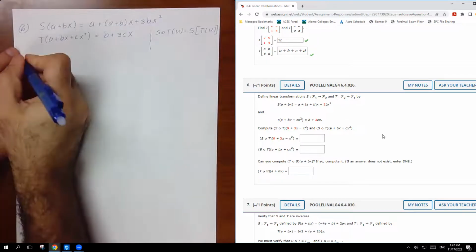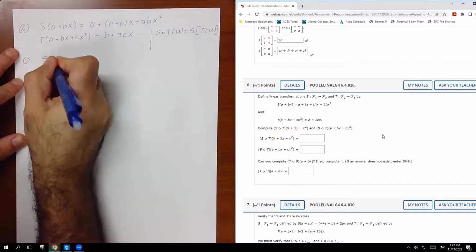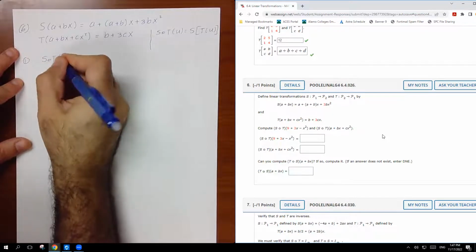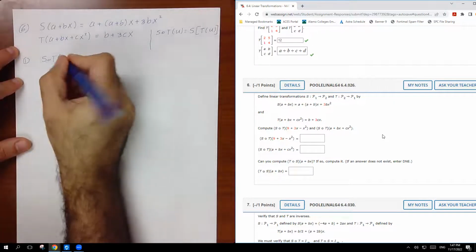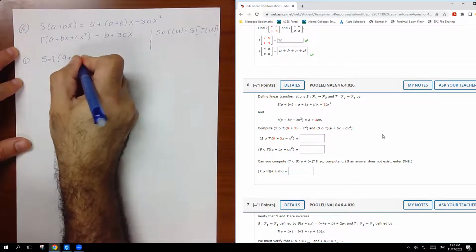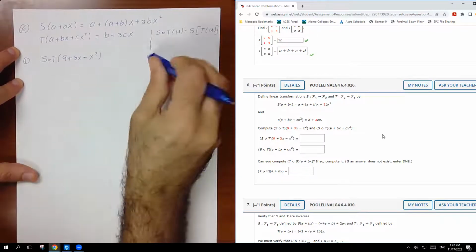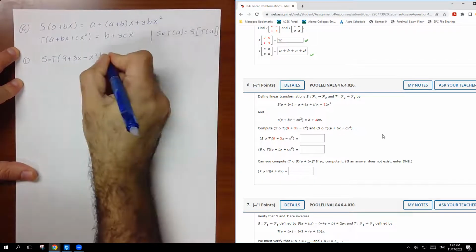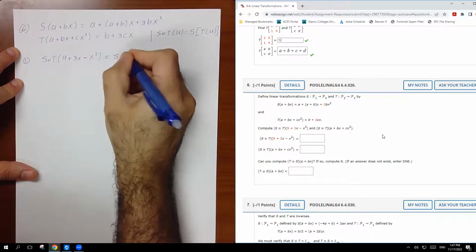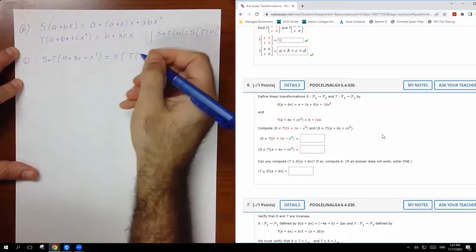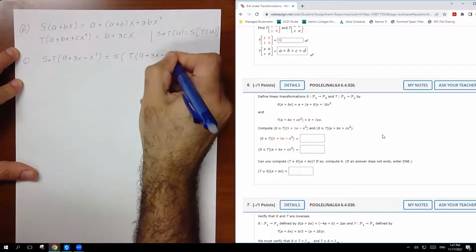Now, the first part, I need to find S composite with T of 9 plus 3x minus x squared. So this one is going to be equal to S of T of the polynomial 9 plus 3x minus x squared.